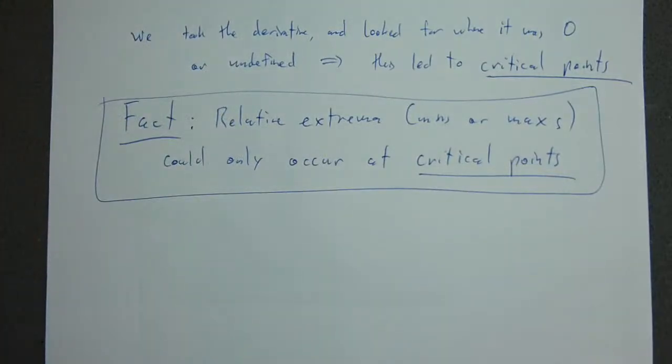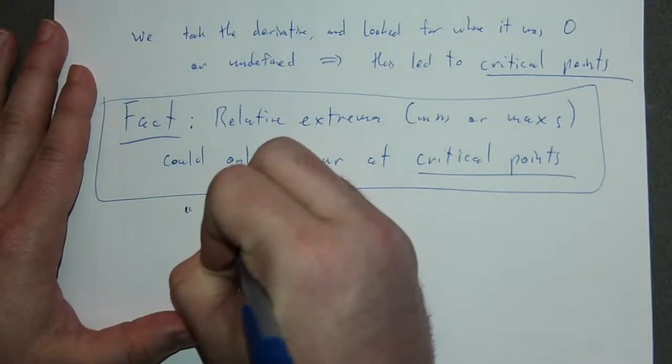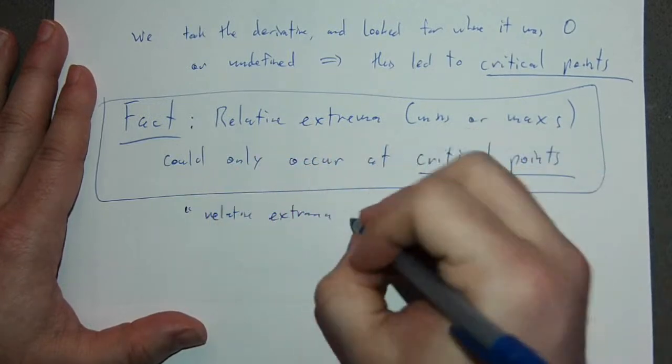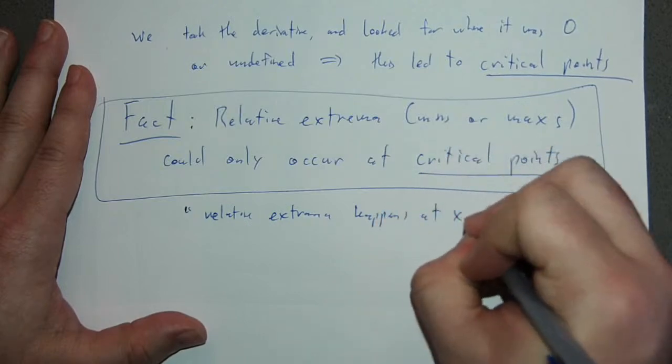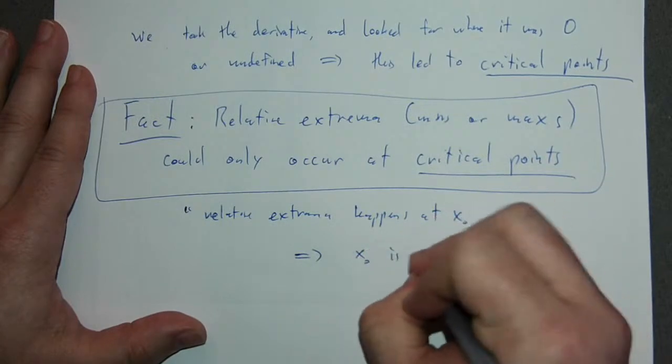Okay. Now, of course, be very careful to not confuse this statement with its converse statement. Right? So, this statement is the statement relative extrema happens at x naught implies x naught is a critical point.